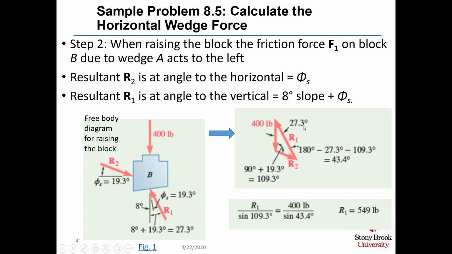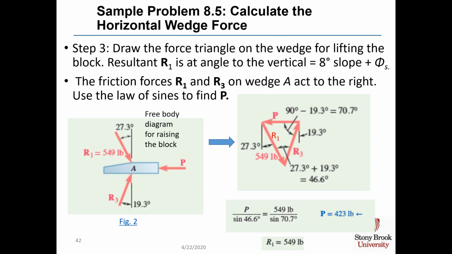And then the third angle is just 180 minus 27.3 minus 109.3, that's 43.4 degrees. The law of sines says we take the ratio of R1 to the sine of the angle opposite it, which is 109.3 degrees, equal to the 400-pound force divided by the sine of its opposite angle, 43.4 degrees. Solve that equation, and R1 equals 549 pounds.